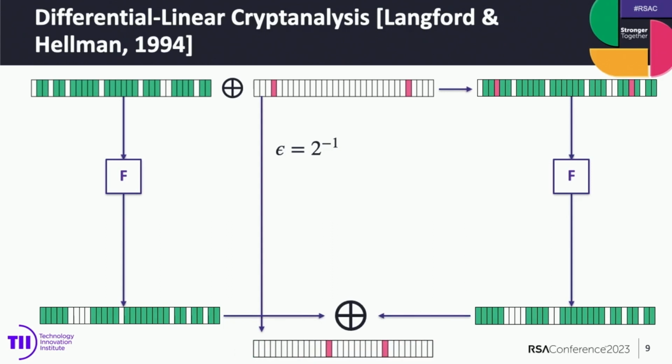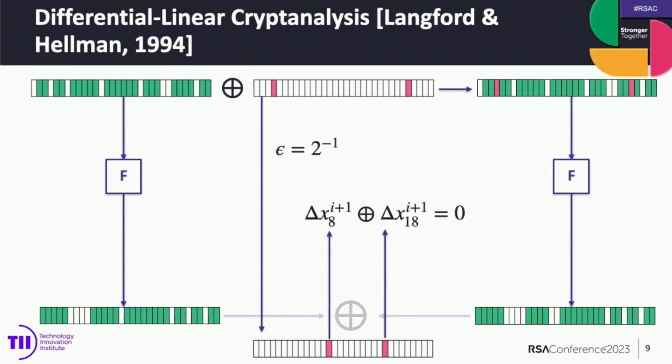Then we need to check if the correlation is 2 to the minus 1, by checking if the XOR of the bits that are active in the output mask is equal to 0. We need to repeat the process several times to see if this correlation happens with probability 2 to the minus 1.